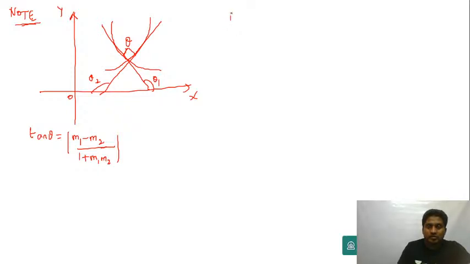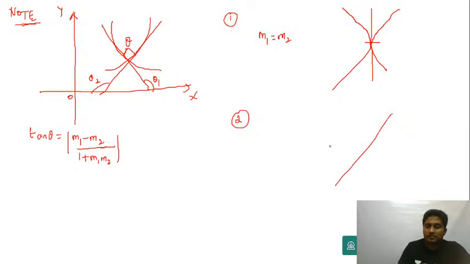Now whenever the two curves touch each other like this, then m1 is equal to m2. And whenever two curves cut at right angles, they cut each other at 90 degrees, then m1 into m2 is equal to minus 1.